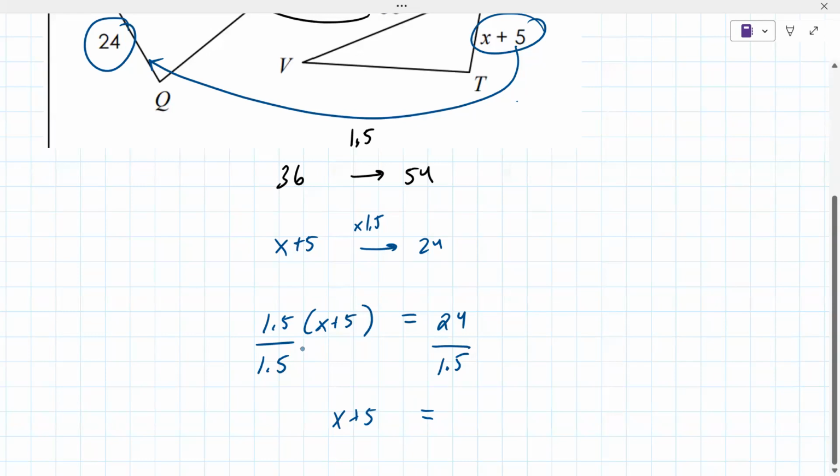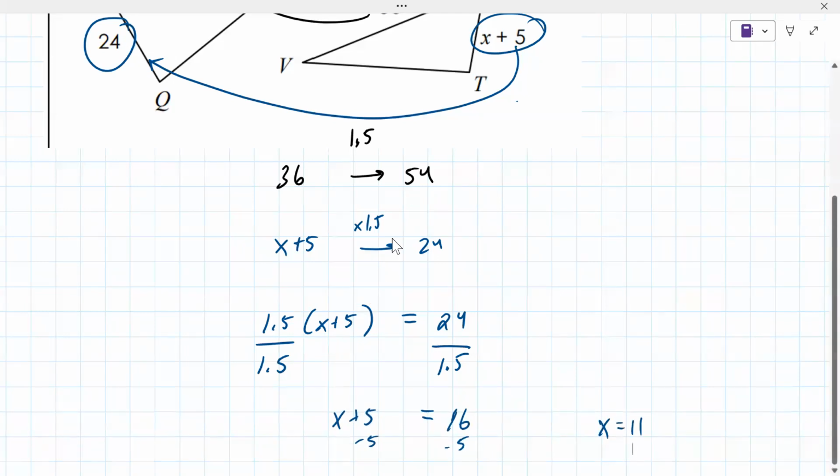Can you divide that for us, please? 24 divided by 1.5 is 16. Subtract 5, and you get 11.